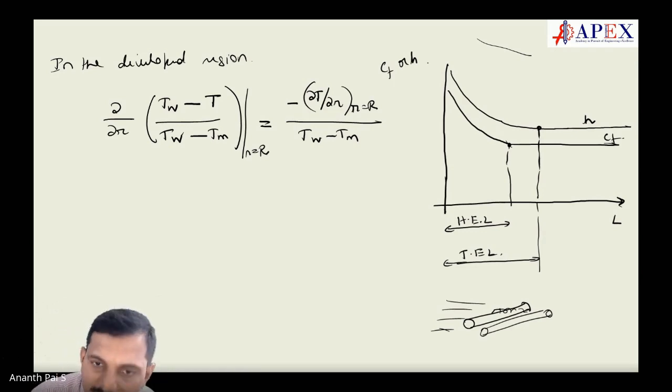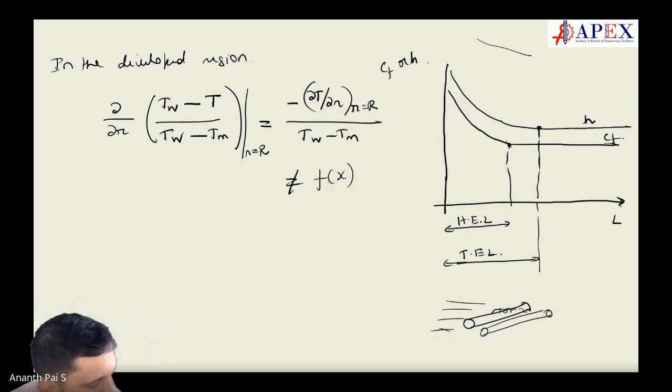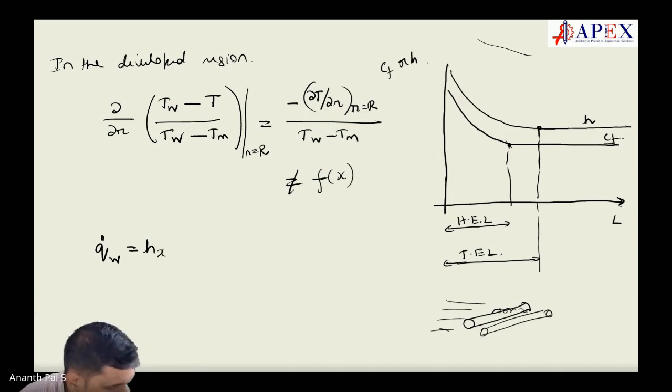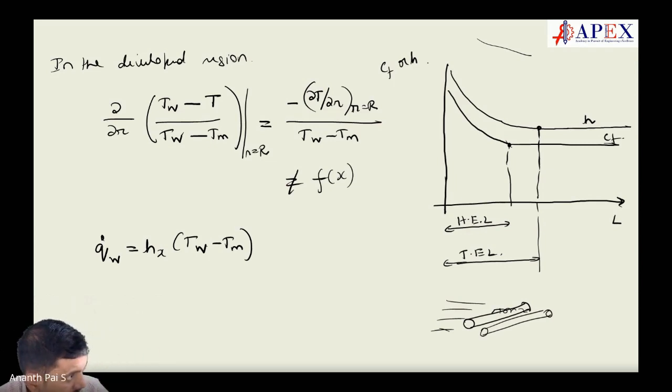And this is not a function of x, not f of x. It is not a function of x in the developed region. Very important. q dot at wall is equal to h at x into T wall minus T mean.